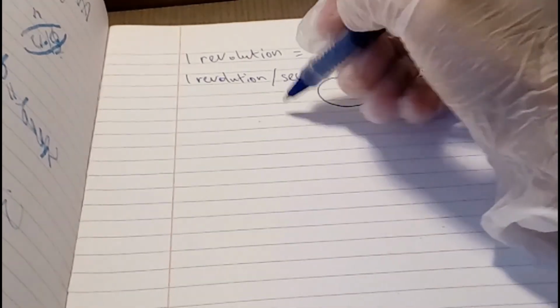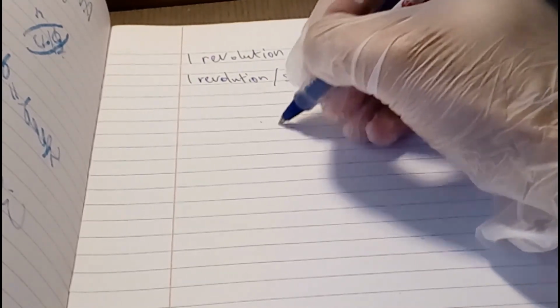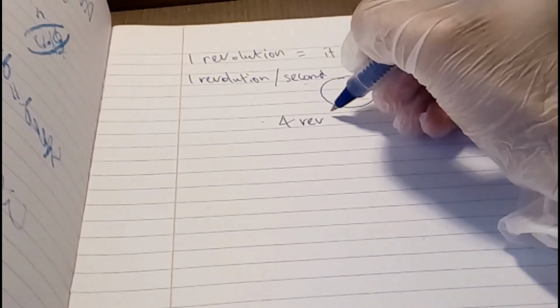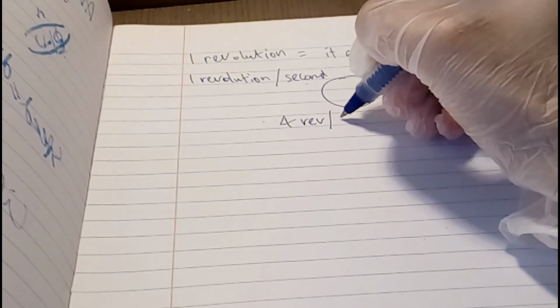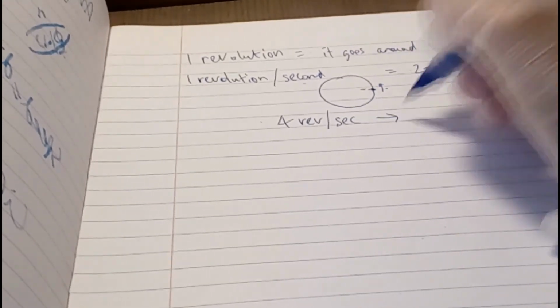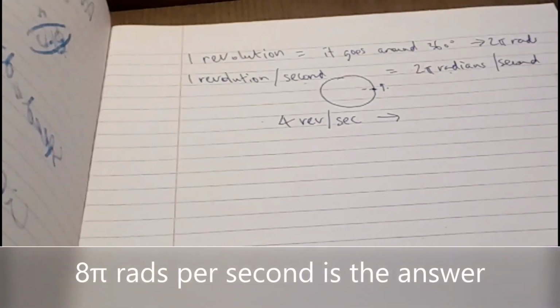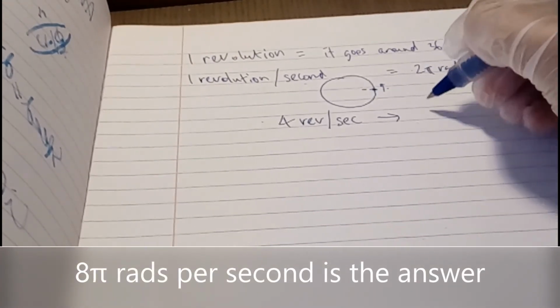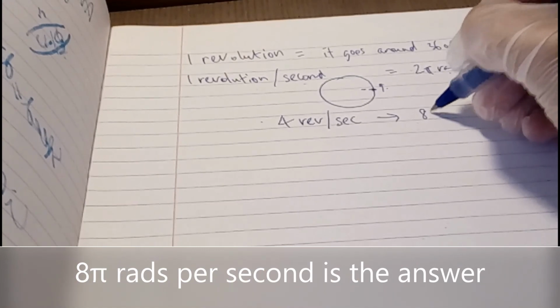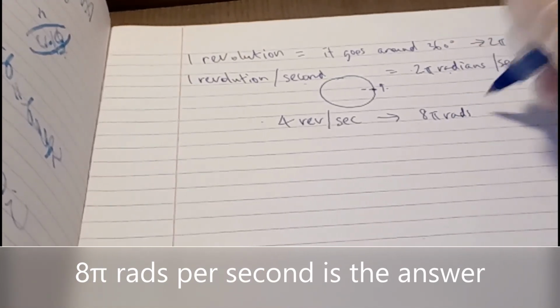How would you convert 4 revs per second? Because each revolution is 2 pi, you do 4 times 2 pi. So that would be 8 pi rads per second.